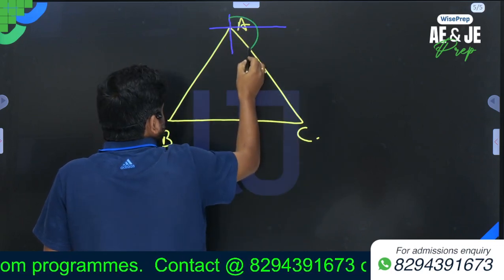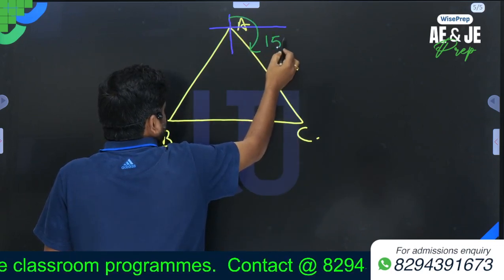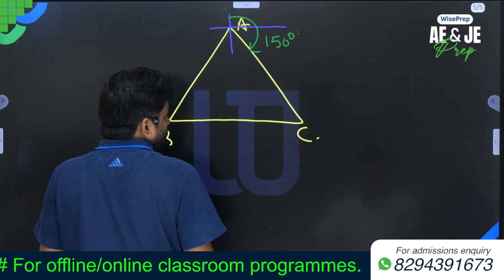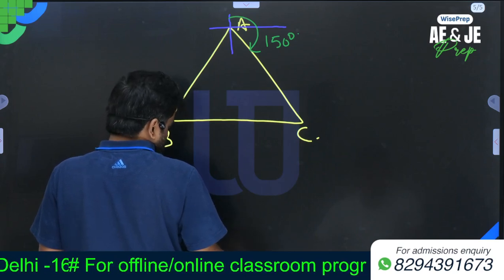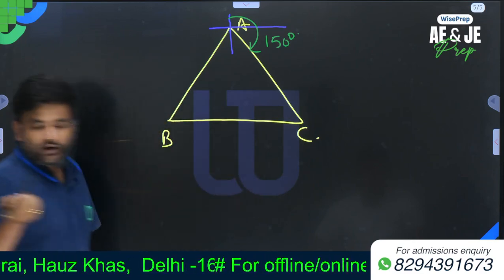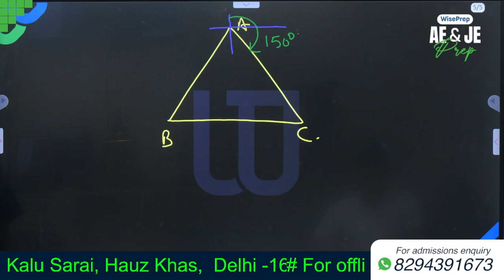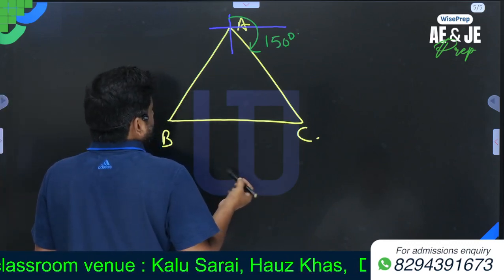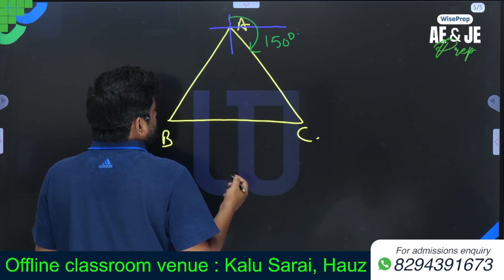So this is how much? 150 degree. What we have to find? Bearing of AC. Bearing of AB is given.